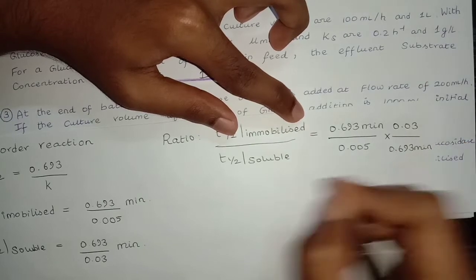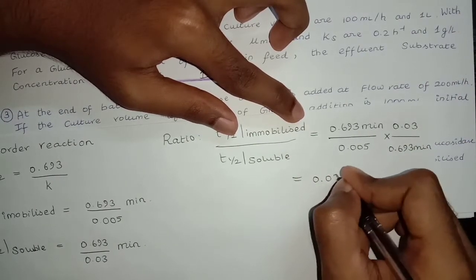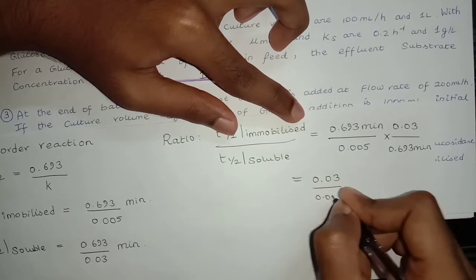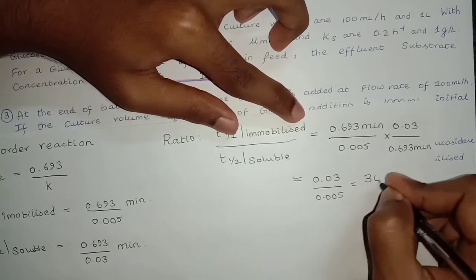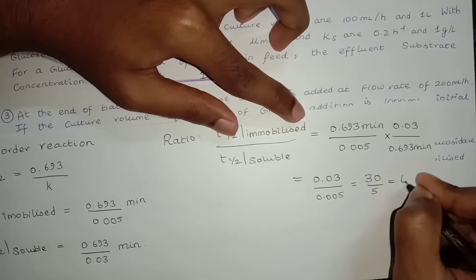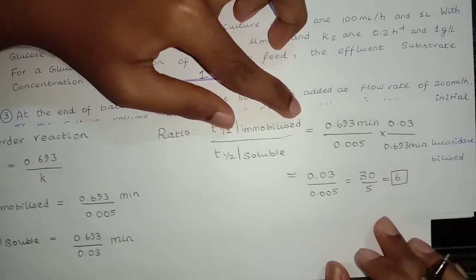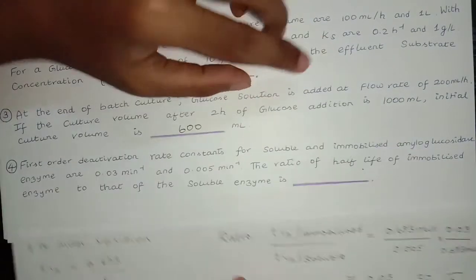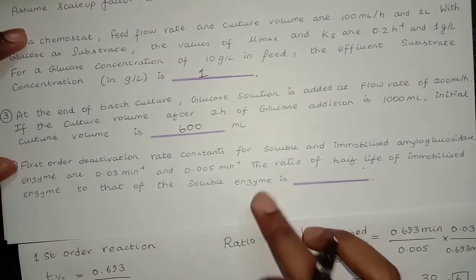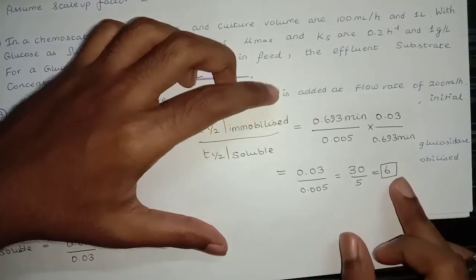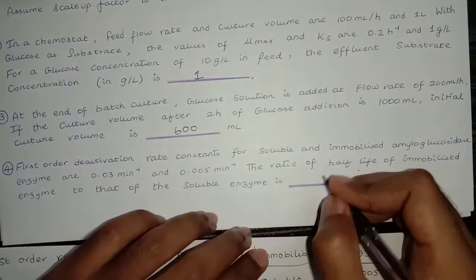So it's 0.03 over 0.005, which is 30 by 5, 6. So the ratio of half-life of immobilized enzyme to that of the soluble enzyme is 6.